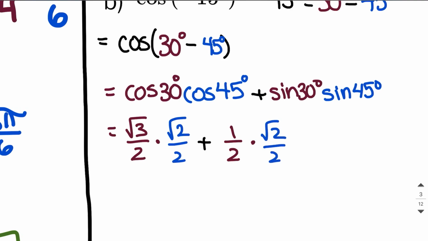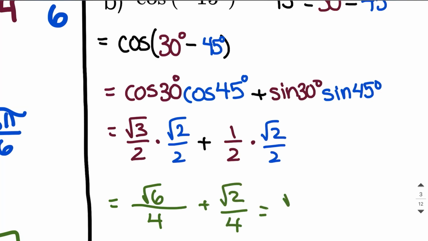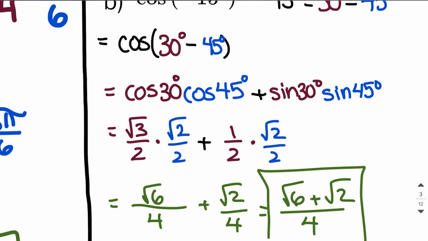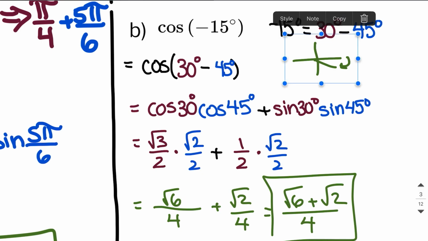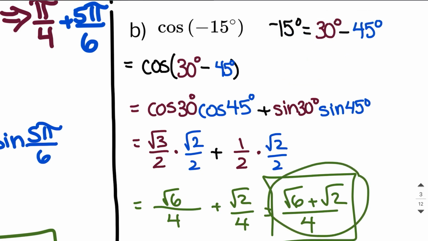And then when I multiply all of these together, I would get root 6 over 4 plus root 2 over 4, and then we have a common denominator. So my answer right here would be root 6 plus root 2 all over 4. Notice that cosine of negative 15 degrees would be in the fourth quadrant, and cosine is always going to be positive in the fourth quadrant, and this is a positive answer. So we have a better idea that this is right.